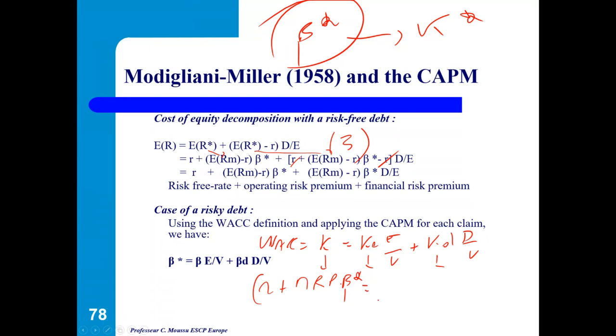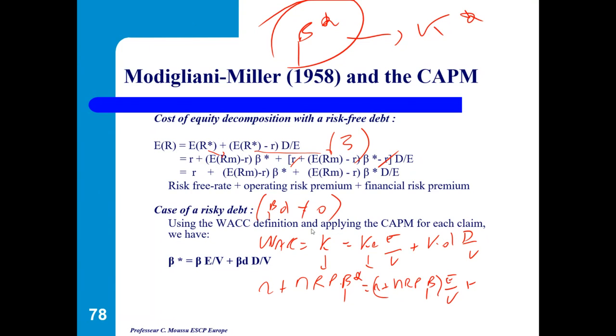So this would be the K. Then KE would be R plus the market risk premium times beta, times E over V, plus KD. I should say here, in case of a risky debt, I'm going to be a little more specific, with beta D different than 0.